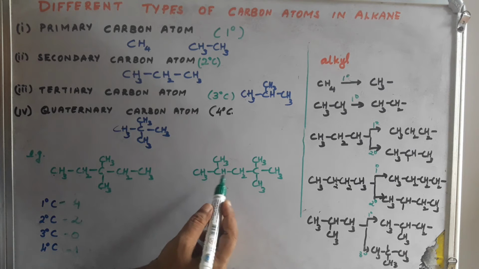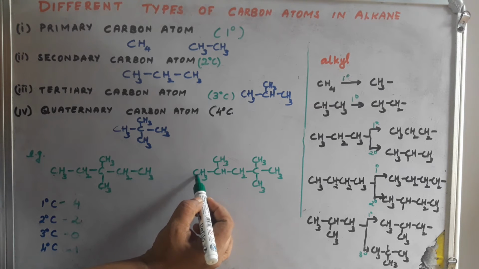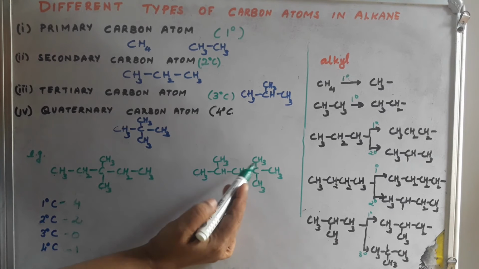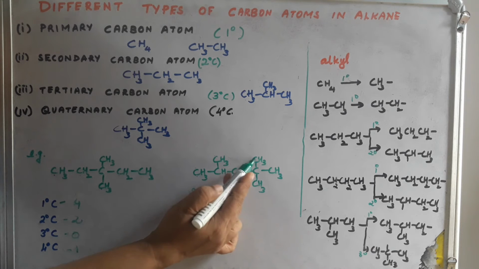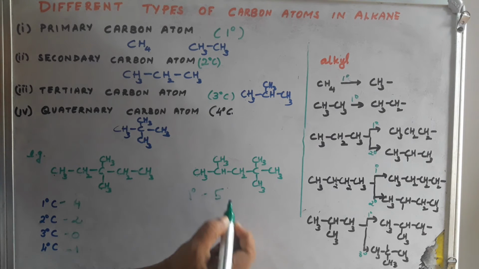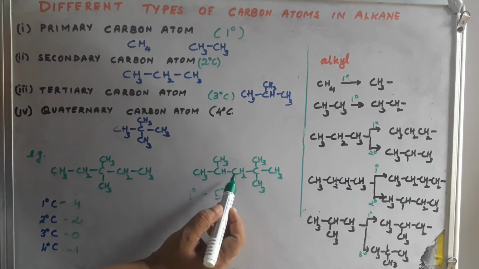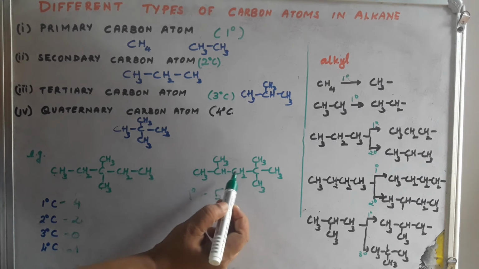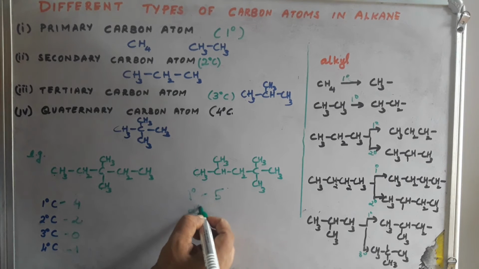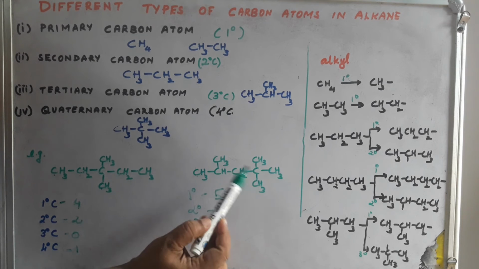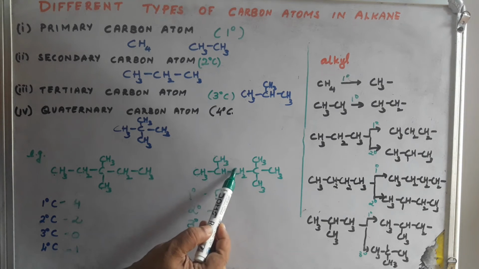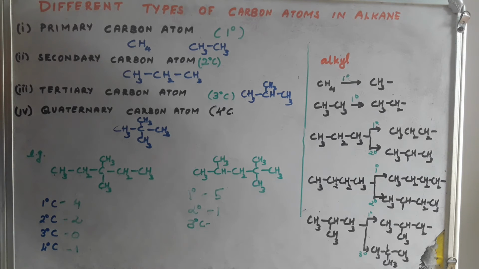Now look at this example. Here the primary carbon is this one. This is also primary. So the total primary carbons here are 1, 2, 3, 4, 5. Now secondary carbon, there is 1 here. This is linked to 2 other carbons. So this is a secondary carbon. Tertiary carbon is one which is linked to 3 other carbons.